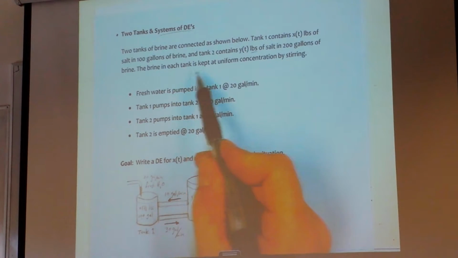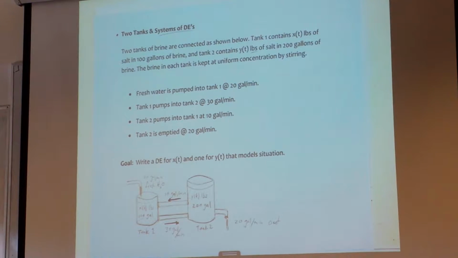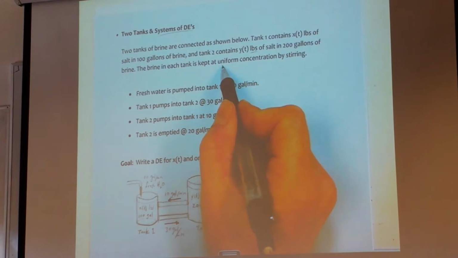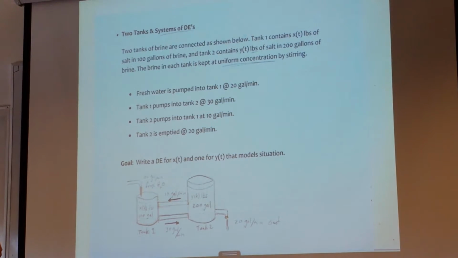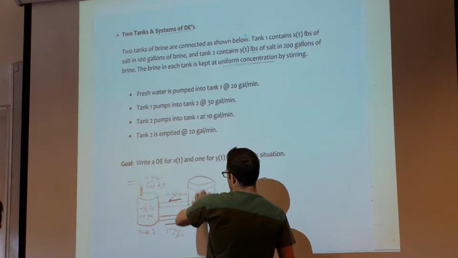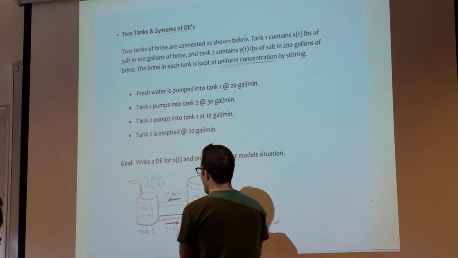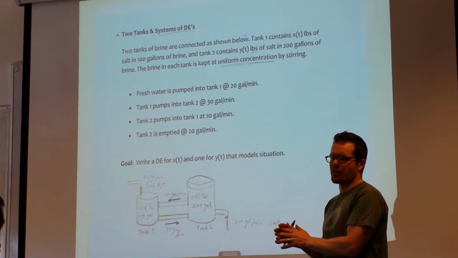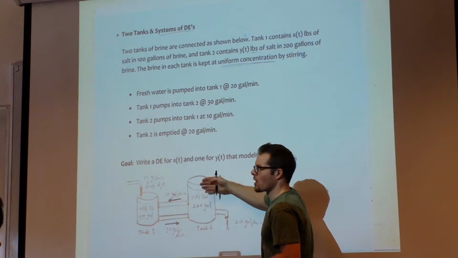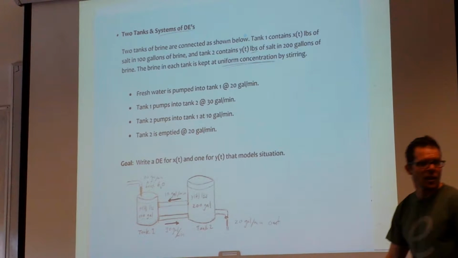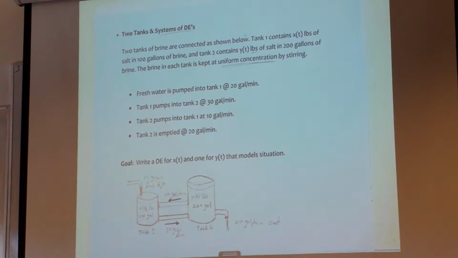The brine in each tank is kept at uniform concentration. That's a big assumption, but we're going to assume it by somehow stirring, so it becomes homogeneously stirred, right? So in each tank it's homogeneous. And by homogeneous, I'm not talking about the differential equation type of homogeneous, I mean concentration is constant. Okay. Now a couple little things here.